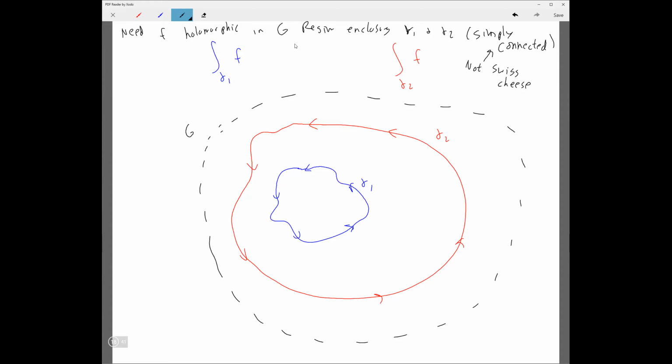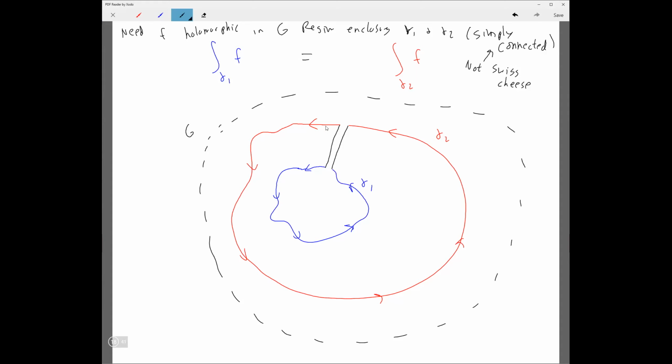Okay, so these integrals are going to be the same, and let me try to justify why that would be the case. If you maybe cut a little piece out of both, and then you come through like that, and you form a new curve.